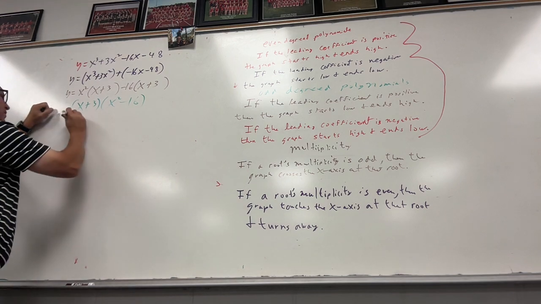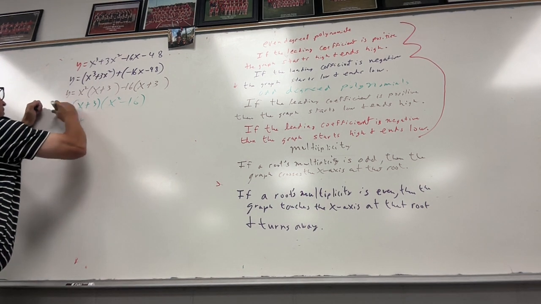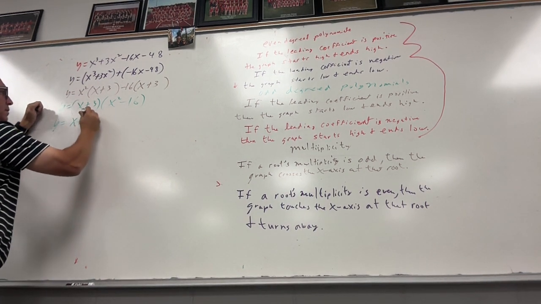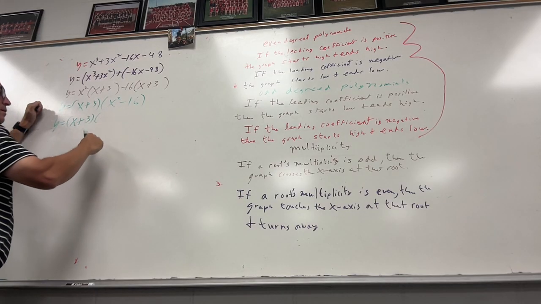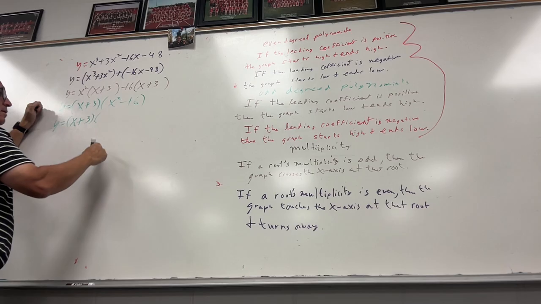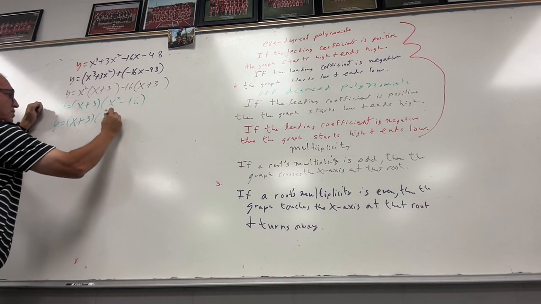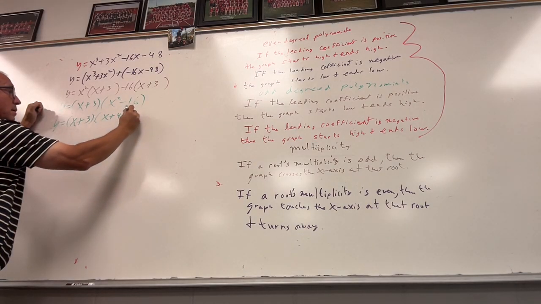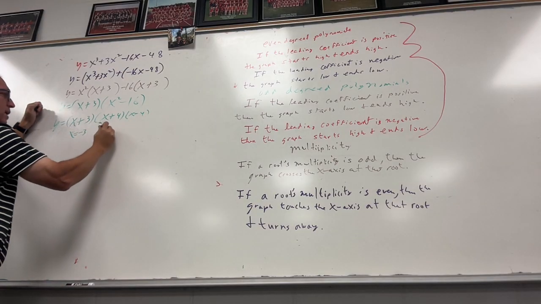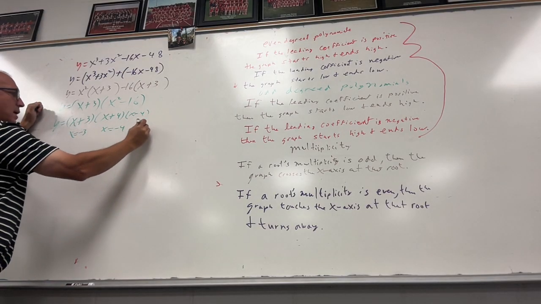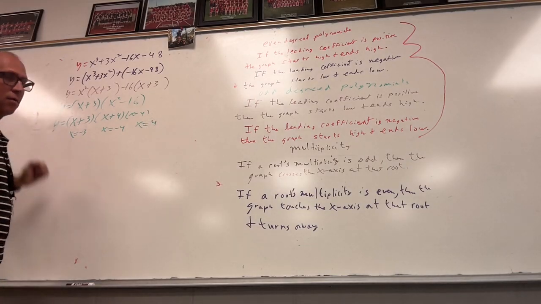And how does that factor? X plus 3 times x plus 4 and x minus 4, right? All right, so my roots here are x equals negative 3, x equals negative 4, and x equals positive 4.